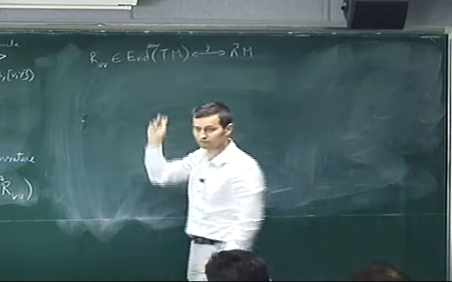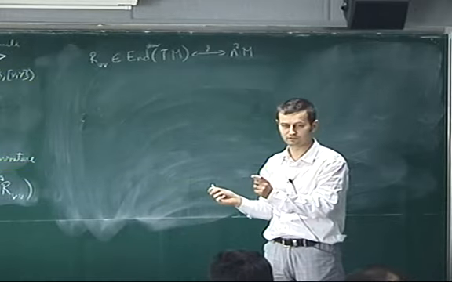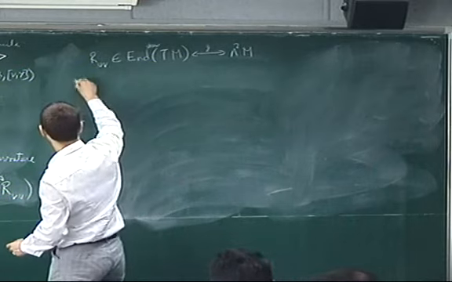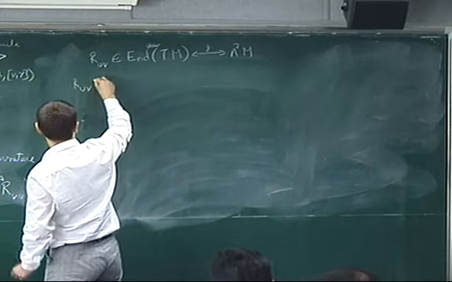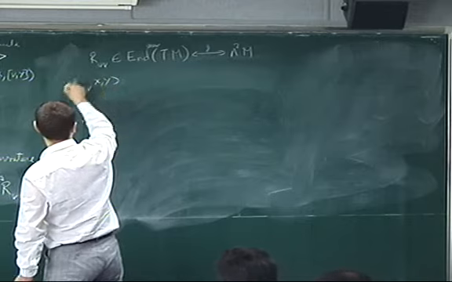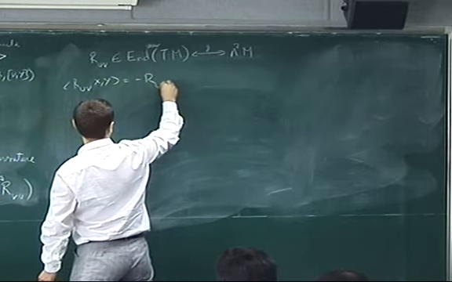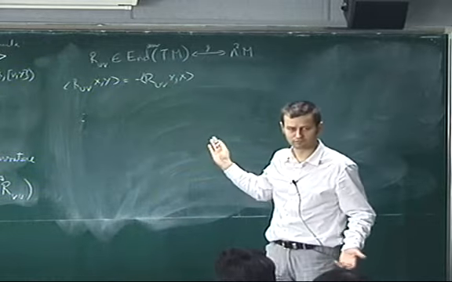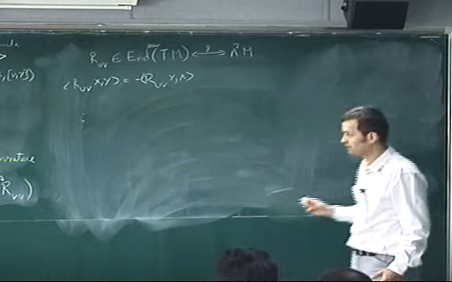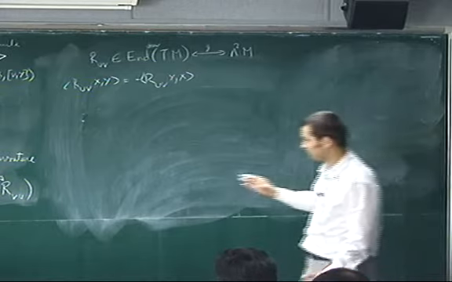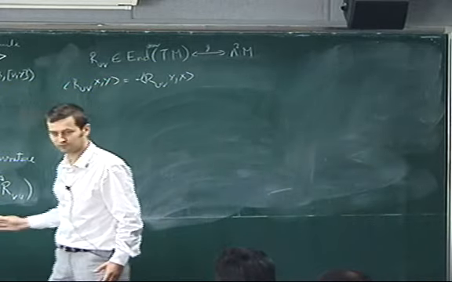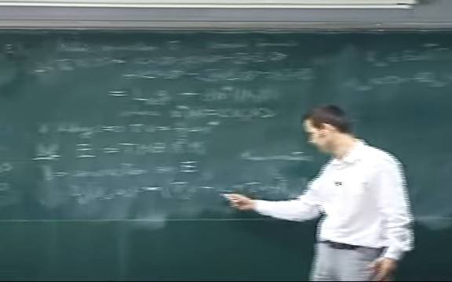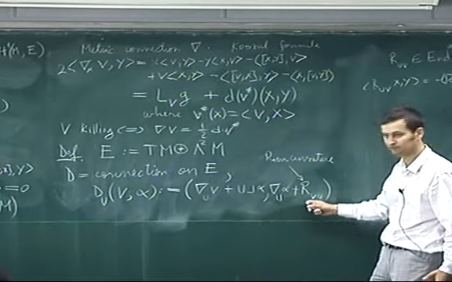These are skew-symmetric endomorphisms because of the Riemannian curvature identities, R(U,V)X,Y is equal to minus R(U,V)Y,X. That's for a Riemannian metric. Good, so this connection makes sense. This is a vector field, this is a one form which makes a vector field, this is a form, and this is also a form.